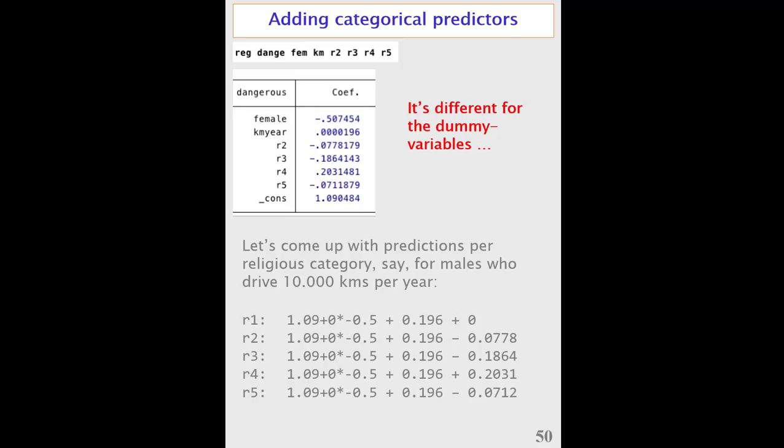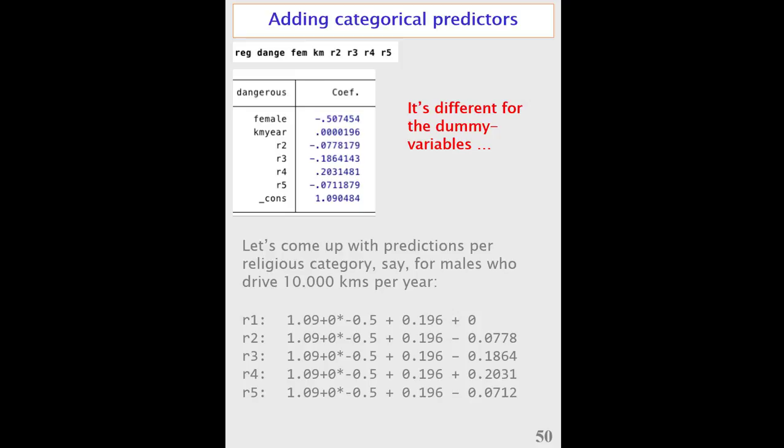So for R1, what do we have? Well, if we predict, let's say, for males who drive 10,000 kilometers per year, we could come up with any other example, what do we have? Well, 1.09 is the constant over there, plus 0 times the minus 0.5, 0 because we are looking at males here, not the females, so this coefficient doesn't enter the equation, plus 0.196, that is 10,000 times this coefficient, plus, and then what? 0, because all of these for the R1 group are 0, right?